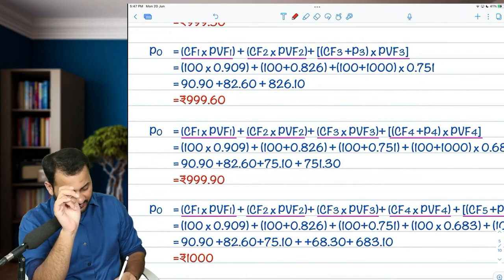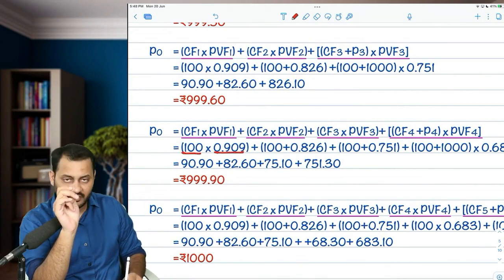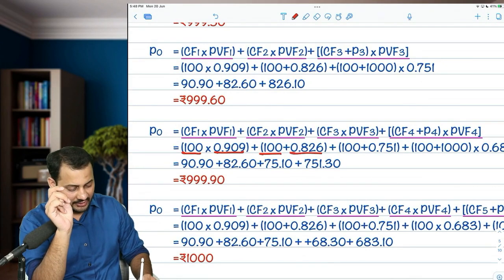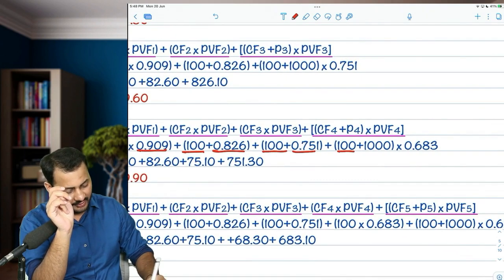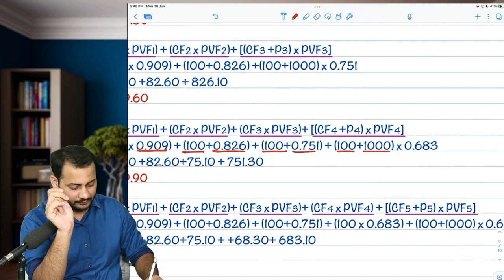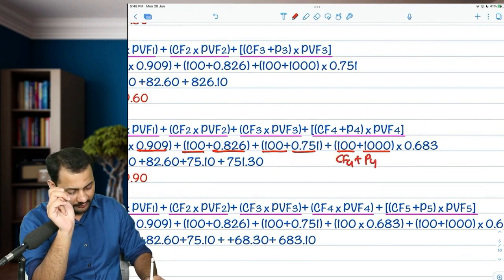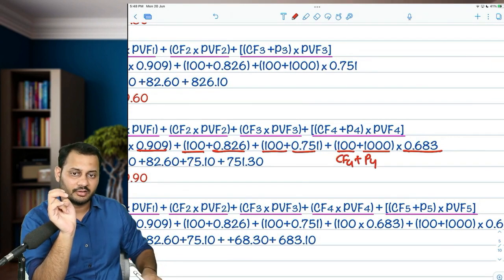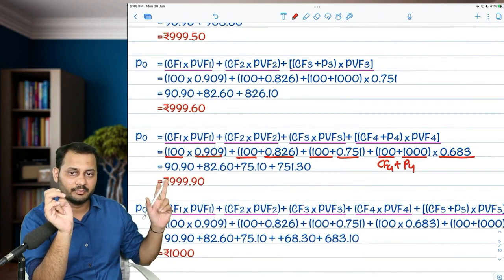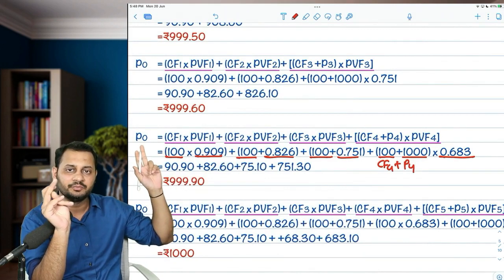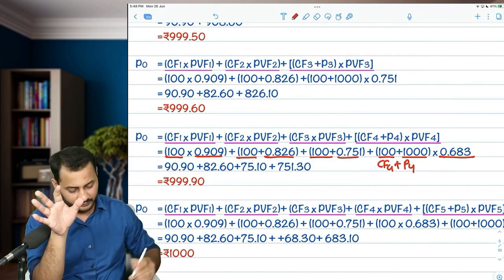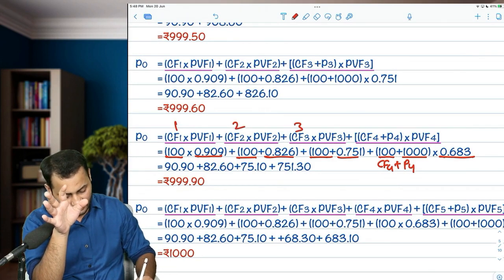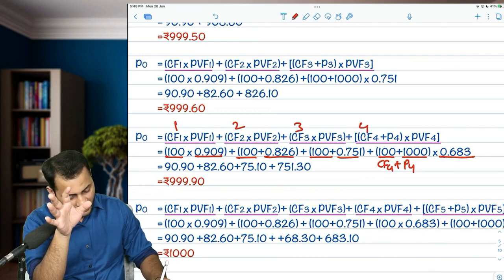See, first 100 into first year factor, second 100 into second year factor, third 100 into third year factor, fourth 100 and 1000, that is CF4 plus P4, into fourth year factor. The total of all these will give you the present value at time 0. This 1000 rupees includes the entire future, first year, second year, third year, fourth year, and this includes fifth year onwards.